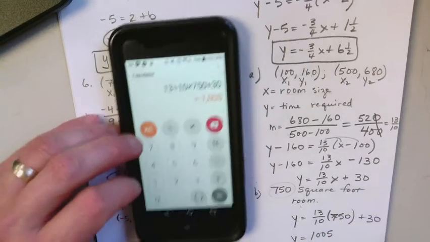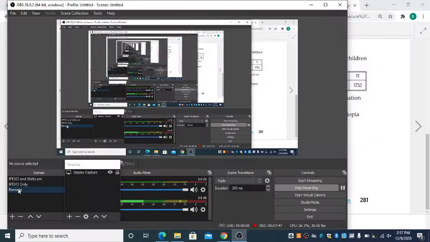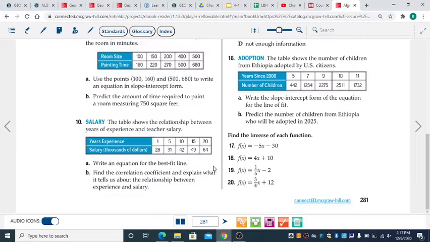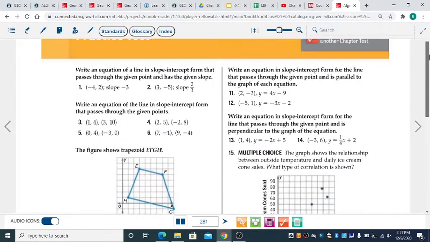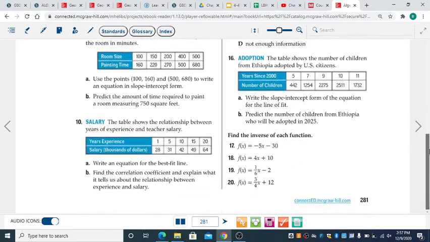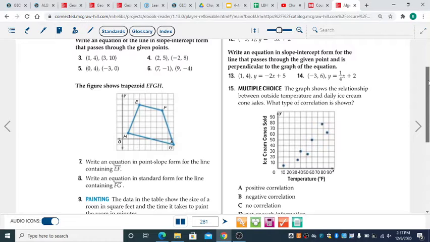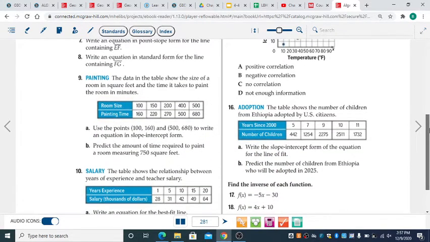Now, time required. I'm going to go ahead and check something real quick here. I'm going to go back to this problem. Time required. Where is that? What problem was that? That was 9, right? No, it just says time required. Okay.